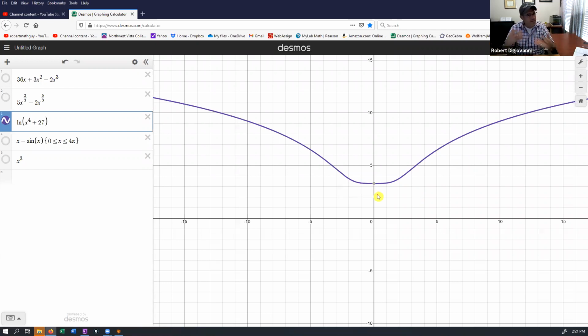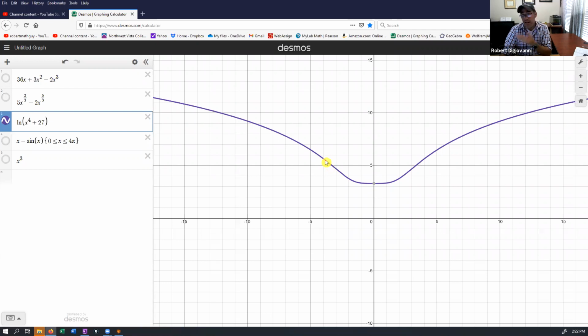So the question you should be asking yourself is, how useful is this process if we have this technology? And I would say that the usefulness is the fact that the technology is limiting in that you can't nail down points exactly.